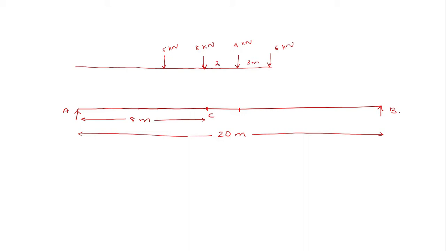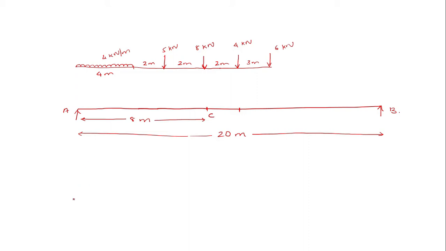Three meters, 2 meters, 2 meters. Then after 2 meters, again you have a UDL, that is 4 kN per meter. If I count the distance from the center, 2 plus 2 plus 2, 6, and this distance is 4. So this endpoint will reach the corresponding point A.